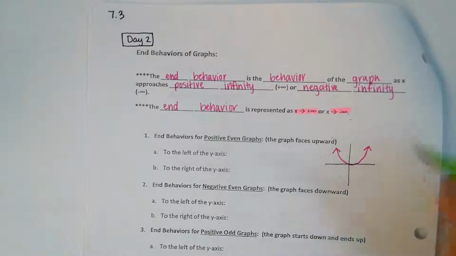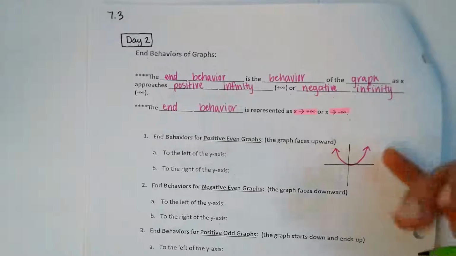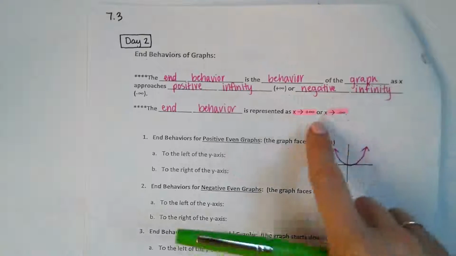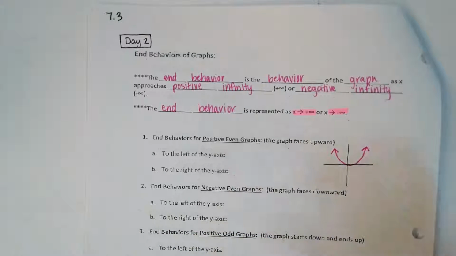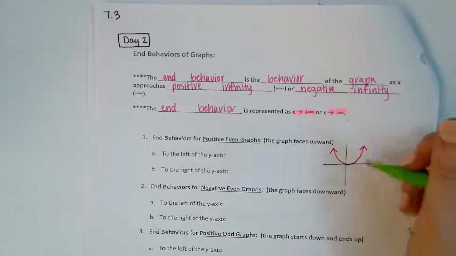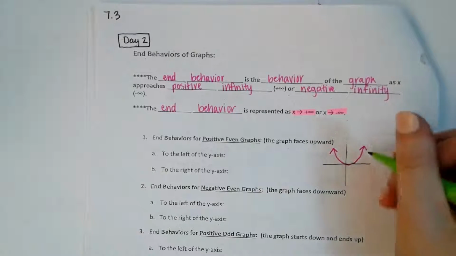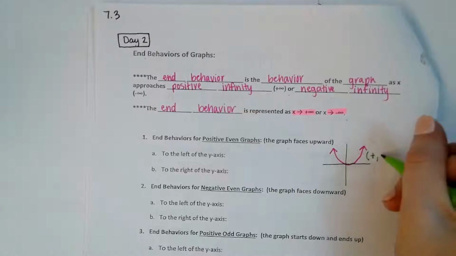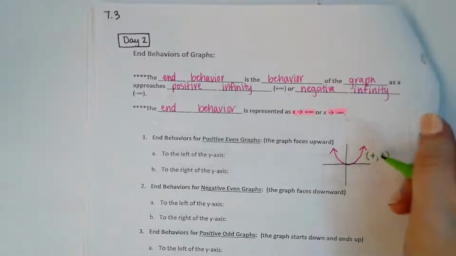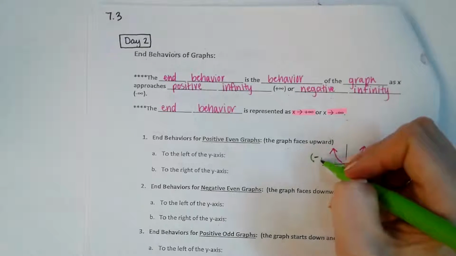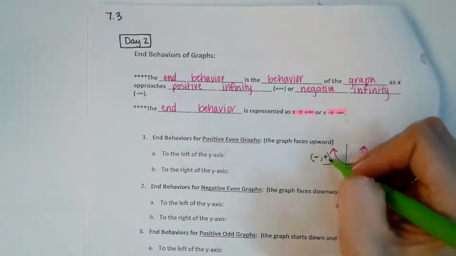We can't say that it goes to like positive 20 because we don't know where it ends. That's why we use infinity. Now the positive and the negative come in depending on what quadrant you are in. In this quadrant, both the x and the y values are positive. And over here, the x values are negative, but your y values are still positive.